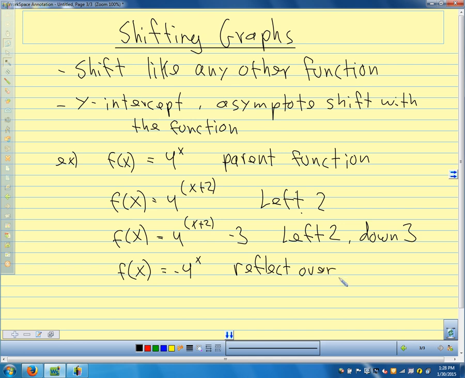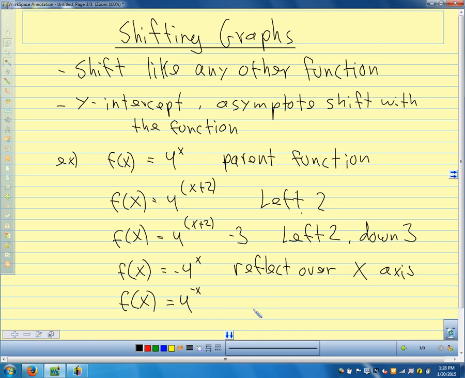X. Reflect over x-axis. So then our asymptote, because it is the x-axis, is not going to change, but our intercept would reflect over the x-axis. And then f of x equals 4 to the minus x.